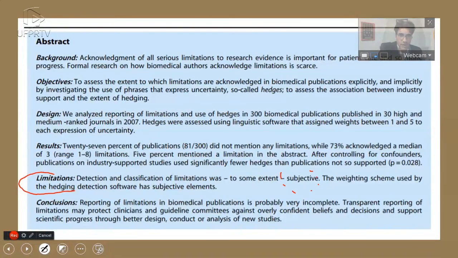And we're going to talk about this word, hedges, today, and how hedging is so important when discussing and concluding. This is really a major part of science writing, and we'll talk about that today.